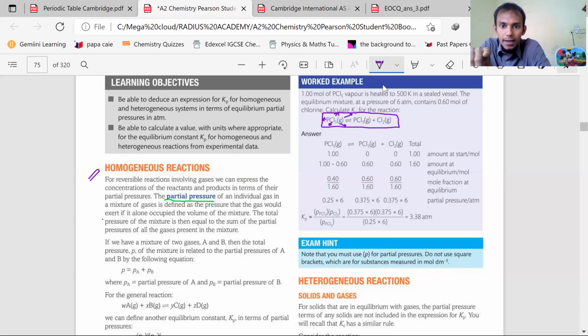Similarly, here there are three gases: PCl5, PCl3 and Cl2. What is the partial pressure of PCl5?